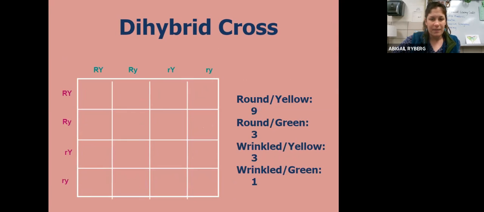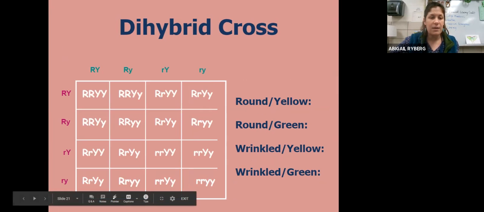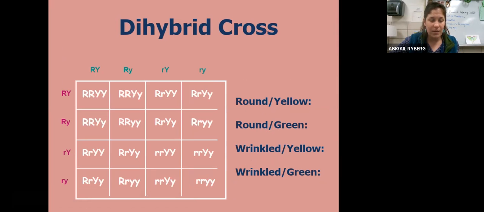Sorry. So for example, this would be round and yellow because there's a big R and a big Y. This would be round and yellow because it has a big R and a big Y. This would be round and yellow. This would be round and yellow. And so far that's 6.